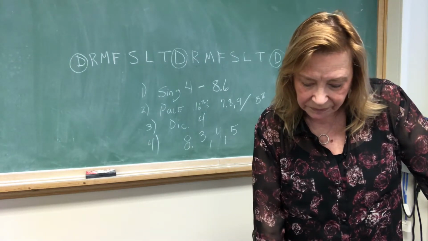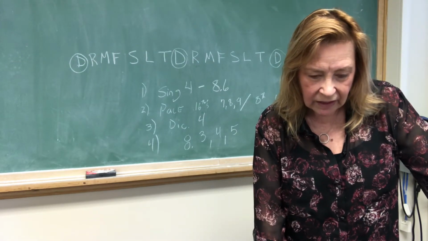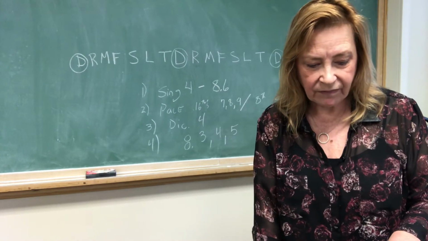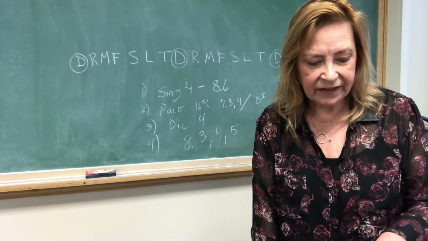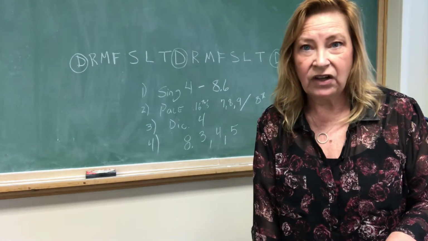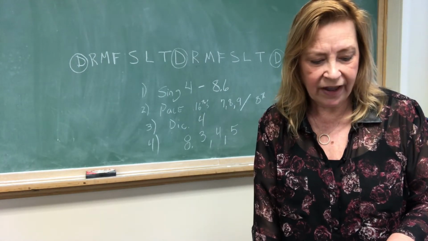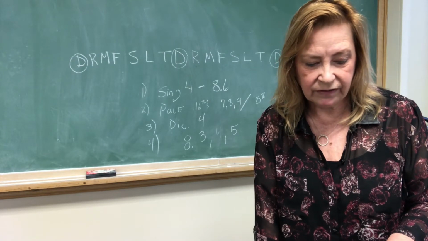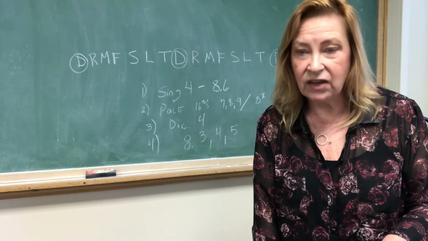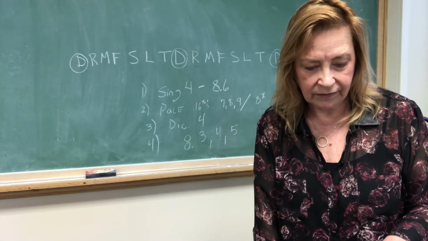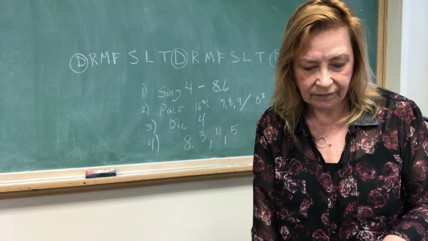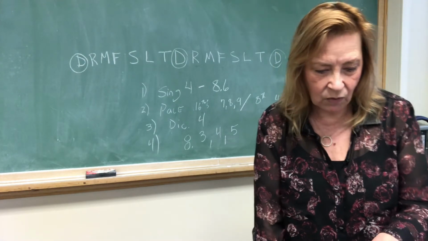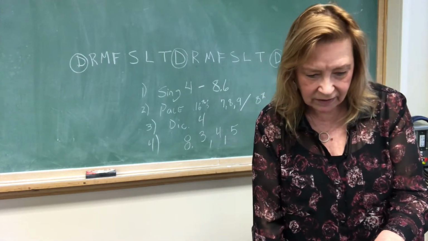So if you look on page 119, that first example, they're just outlining, as you can see, the tonic triad in G major, and then they're taking you to the supertonic. And then we drop down to the dominant.